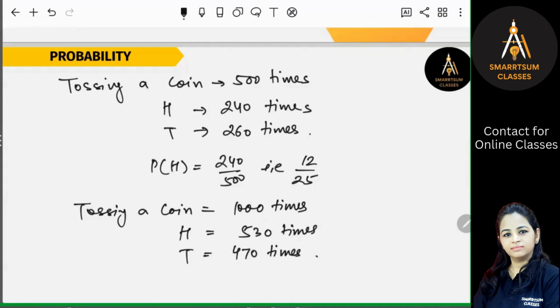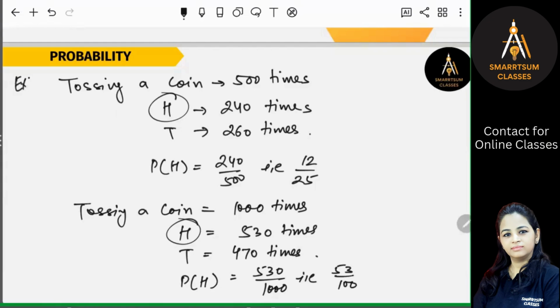Now we would say that in a single throw of a coin, the probability of getting head this time is 530 upon 1000, that is 53 upon 100. That means in various experiments, we would get different probabilities for the same event. The event is the head, but the probabilities are different for the different experiments.